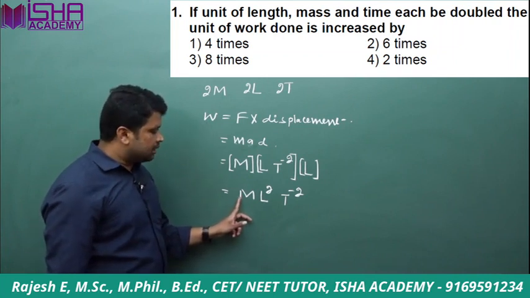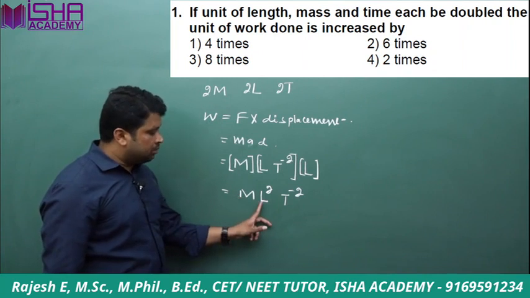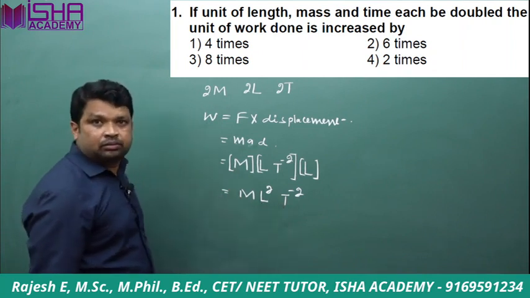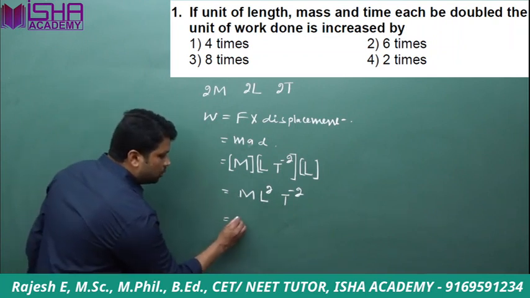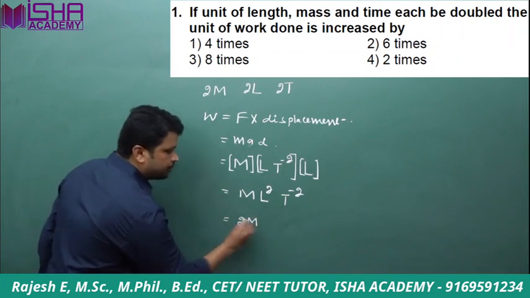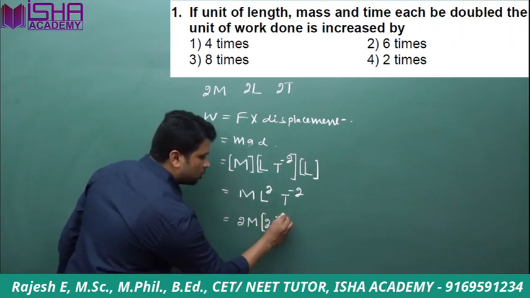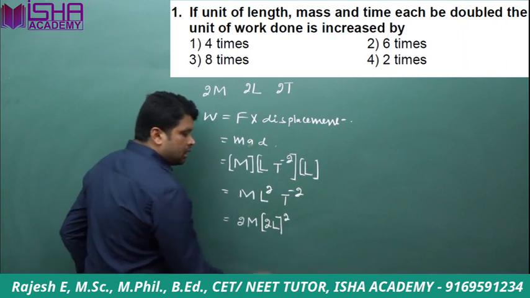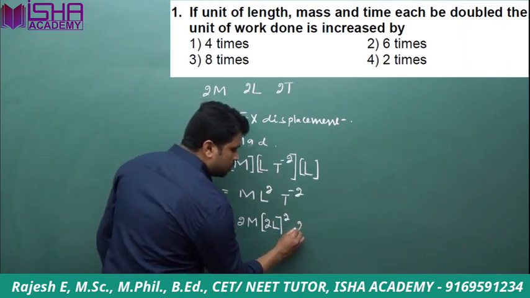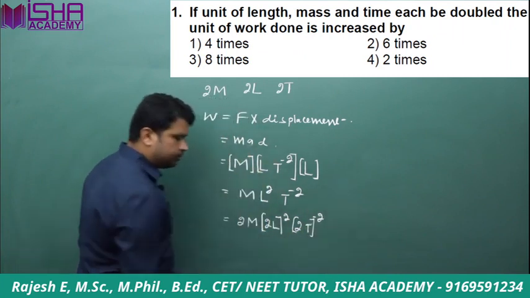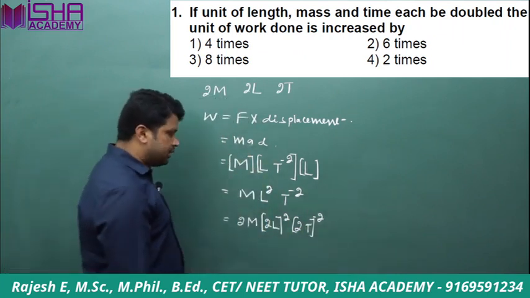If mass becomes 2 times, length becomes 2 times, time becomes 2 times, what happens to the work done? So if mass is 2 times, length is 2 times, L whole square, and time is 2 times, how are you going to write this?